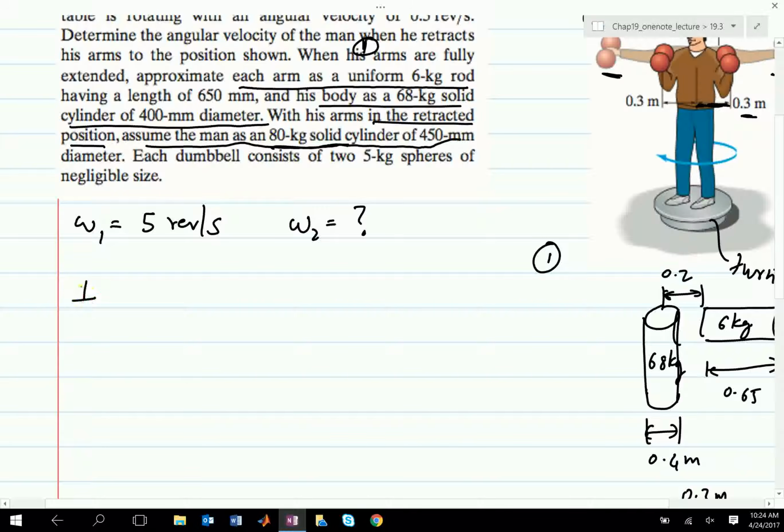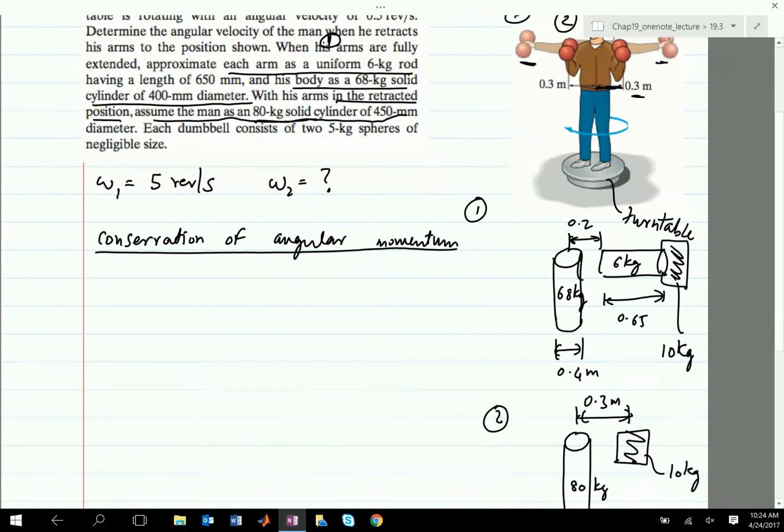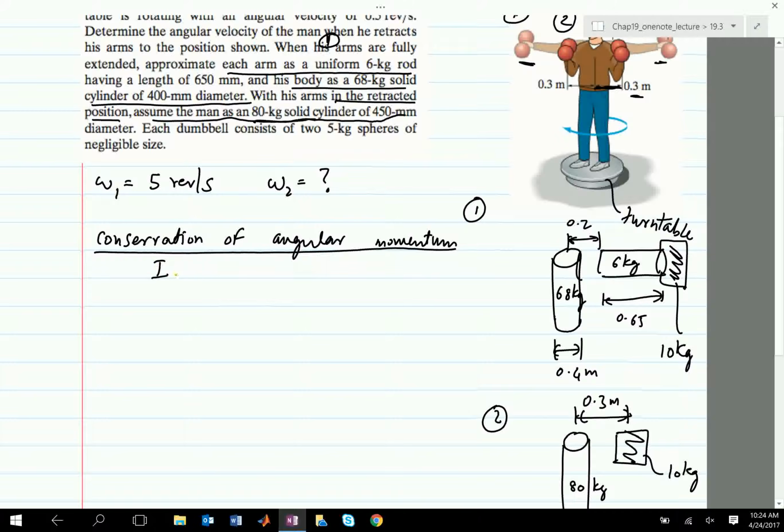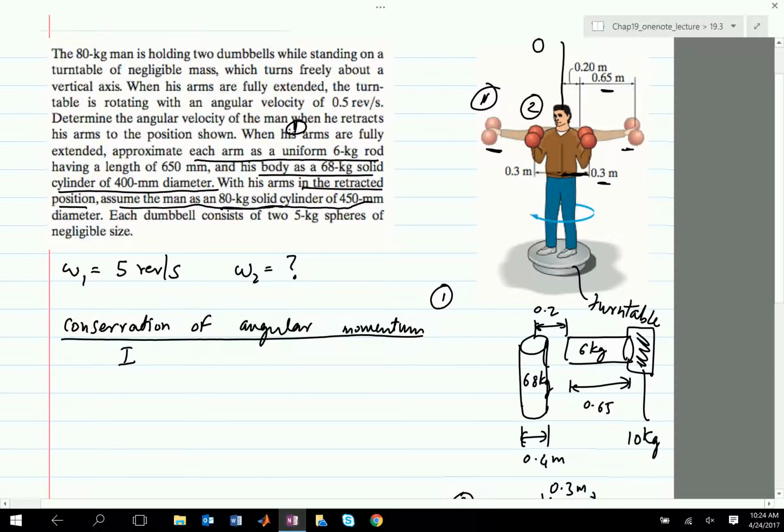So we can write I1 omega 1 is I. So before I write that, let's apply conservation of angular momentum, which states that, let's call this axis O. Okay, so IO1 omega 1 equals IO2 omega 2.